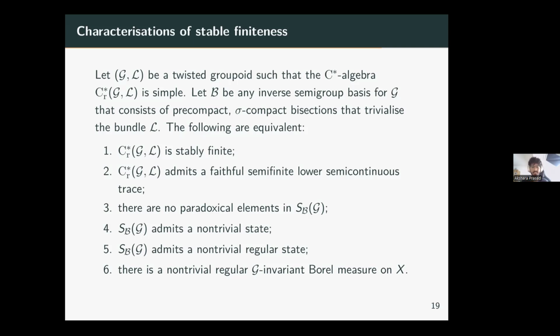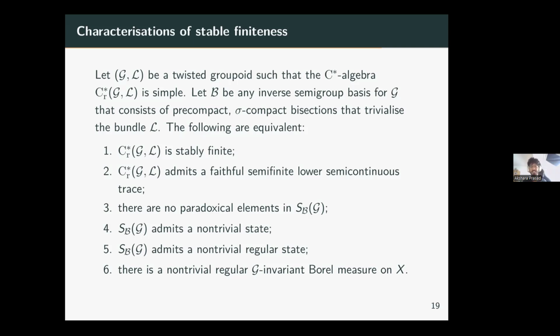So this is in the same spirit. So if no elements are paradoxical, that means there is some non-trivial state on the type semigroup, and that means there is some regular non-trivial state on the type semigroup, which is the same as saying there is a non-trivial regular Borel measure on the unit space, which is invariant under the dynamics of the groupoid.